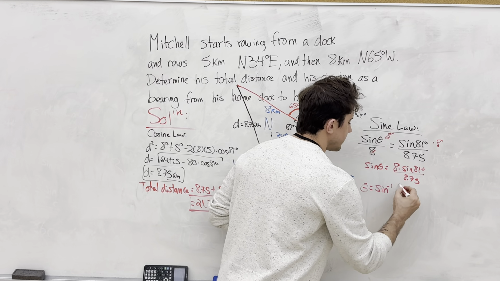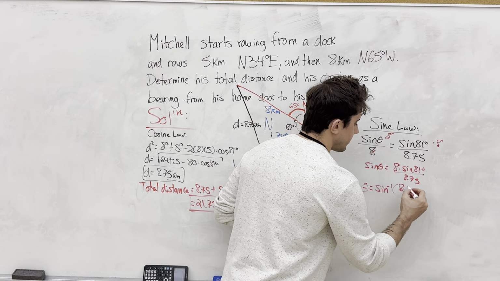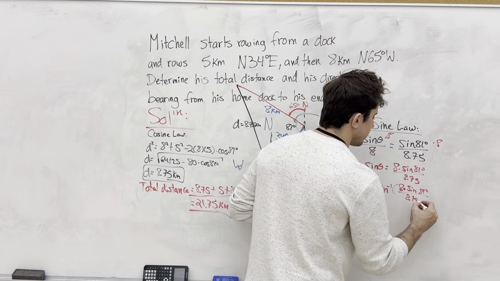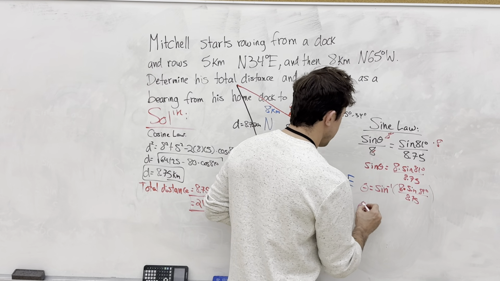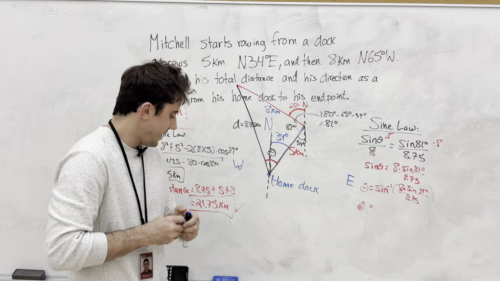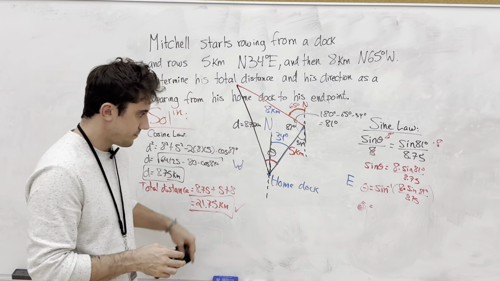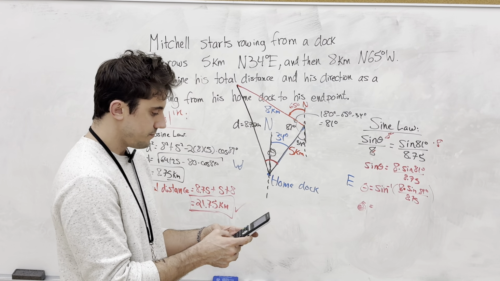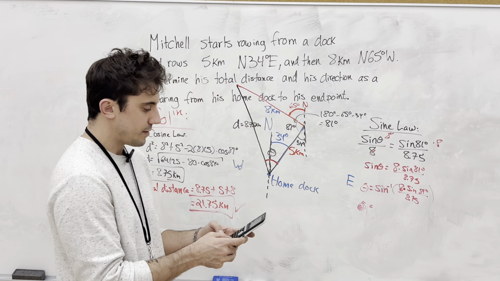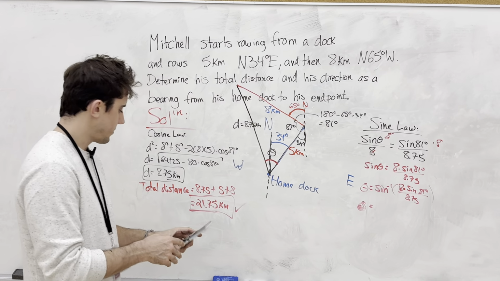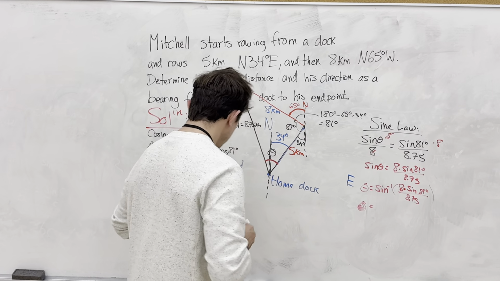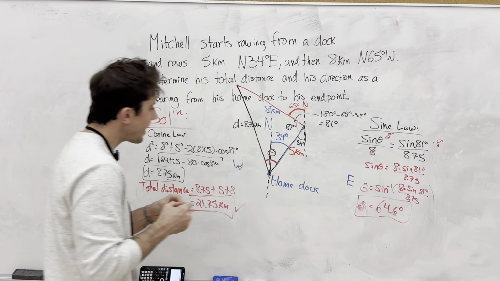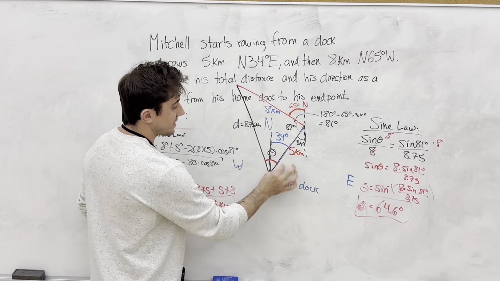And so our angle theta is the inverse sine of 8 times sine of 81 degrees all over 8.75, which, using a calculator, is the inverse sine of 8 times sine of 81, all divided by 8.75. Make sure your brackets are put in properly. And we get an angle of 64.6 degrees. And again, I'll remind you that theta we labeled as that entire angle.